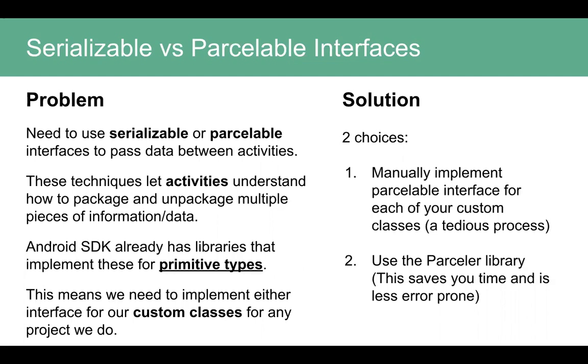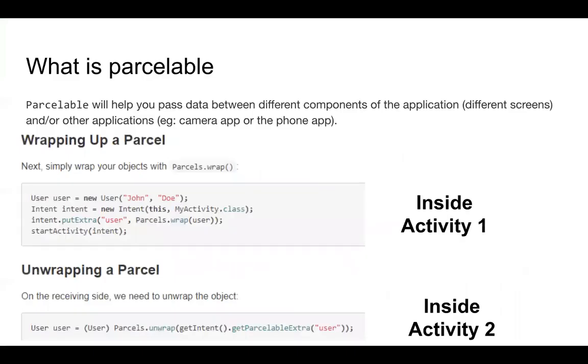You can create your own parcelable class, but that is a little tedious, and you can also get into a lot of difficulties and complications by doing that. So it's best to use the parcelable library, which you have to import into Android Studio.